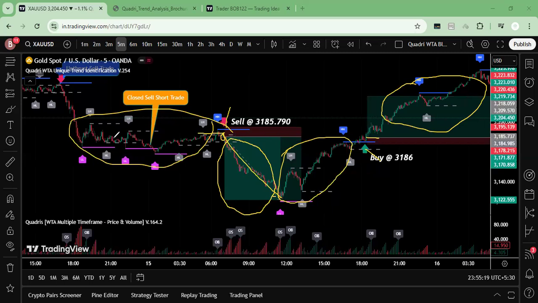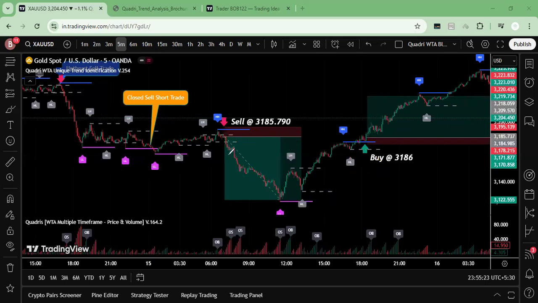That doesn't mean... the main objective of this particular indicator which I've made, with this technique of unique identification, is to give you low risk, high reward trades.